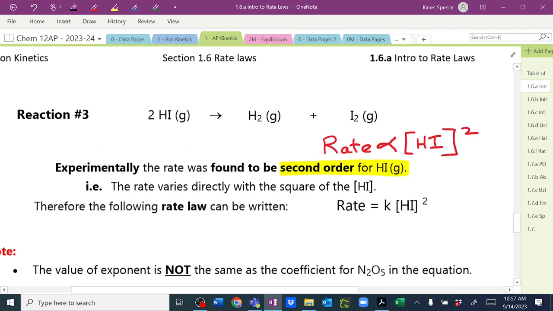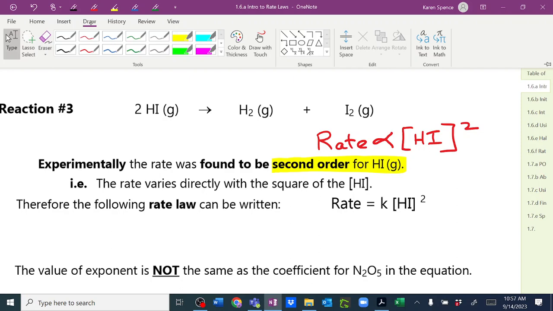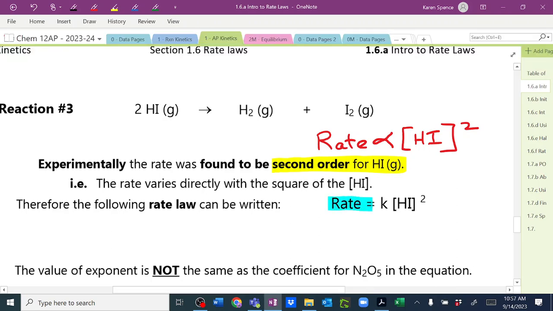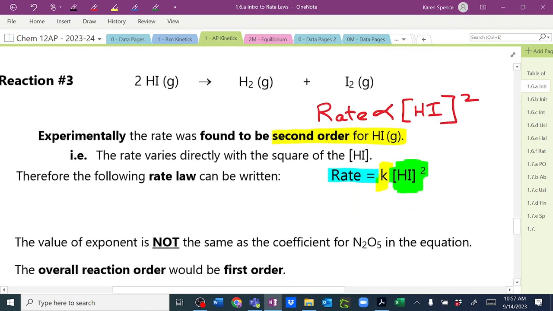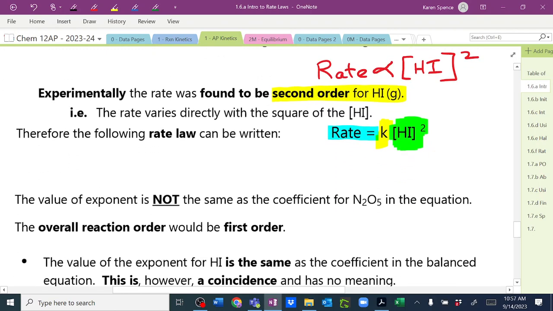When we write our rate law, don't forget to write rate equals and K constant, and then you would put in your concentration. So you need to have all those 3 things, okay? This should say HI.